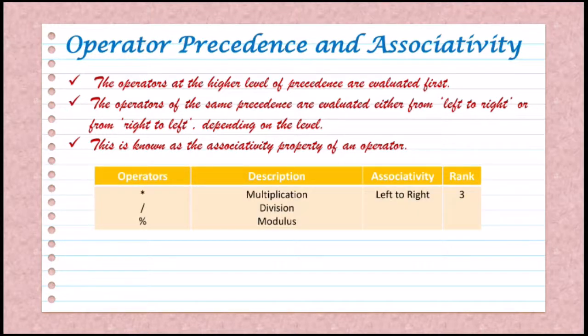The third preference will be for multiplication, division and modulus, and they work from left to right and it has third rank. So whenever multiplication, division and modulus symbols come, they have third preference to execute the expression.